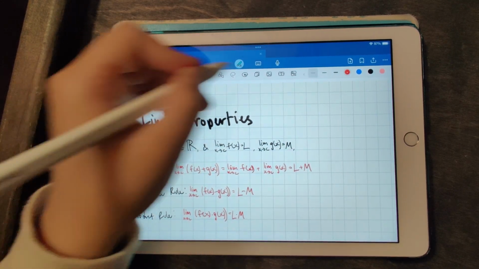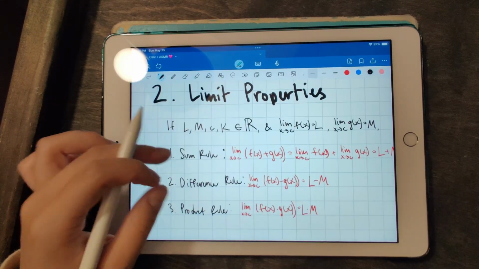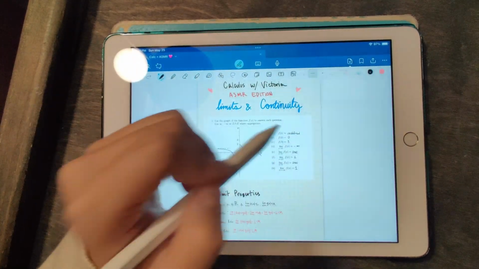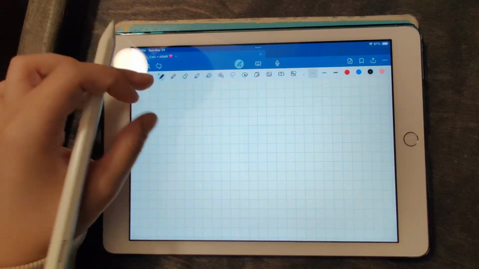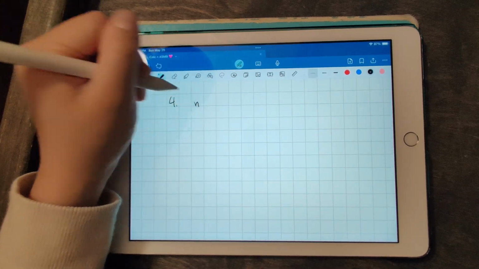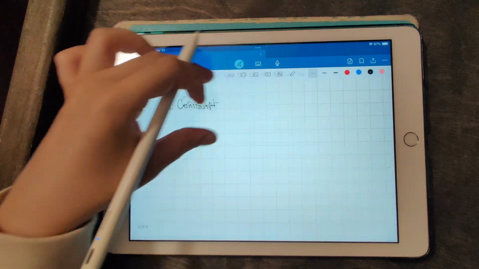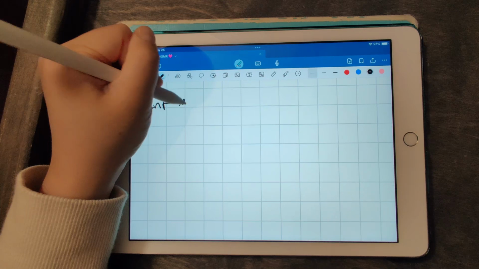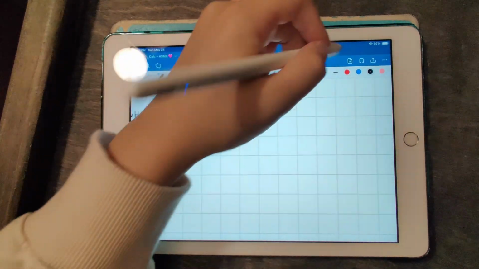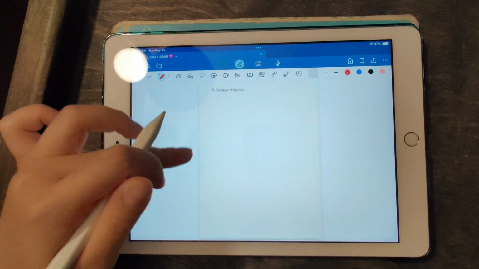And then we also have something called the constant multiple rule. I'm going to start a new page because I've run out of space. Let me zoom in a little bit. What this basically says is, suppose k is a constant, so we've defined that before.